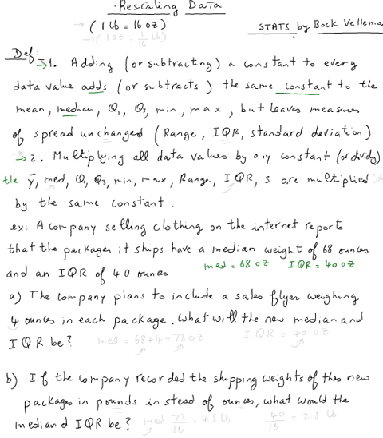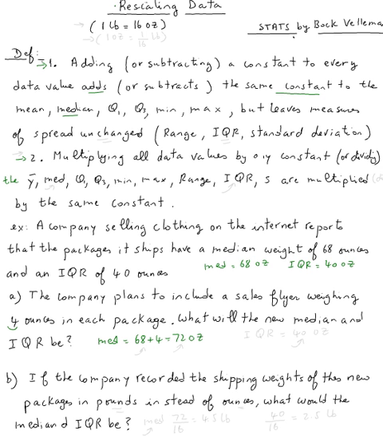So the new median will be equal to, we're just going to add 4 ounces to each. So the median will be added by 4. So it's 68 plus 4, which is 72 ounces.